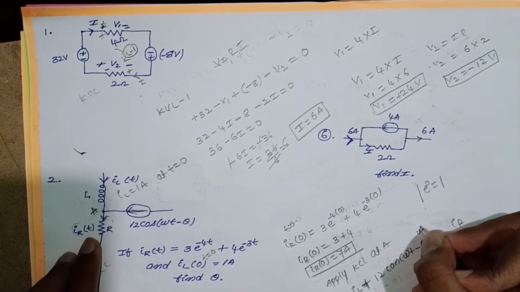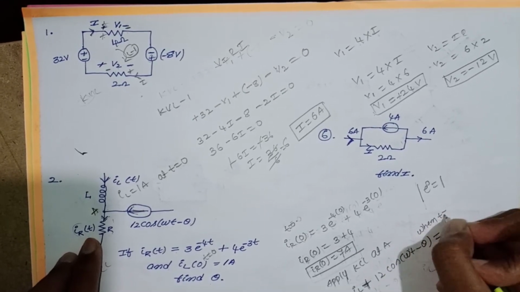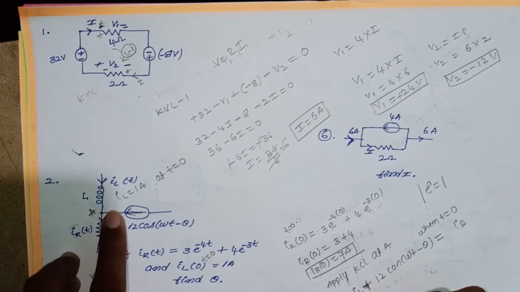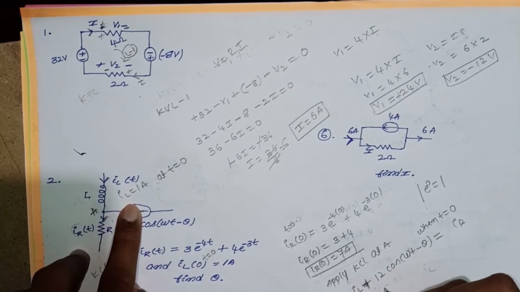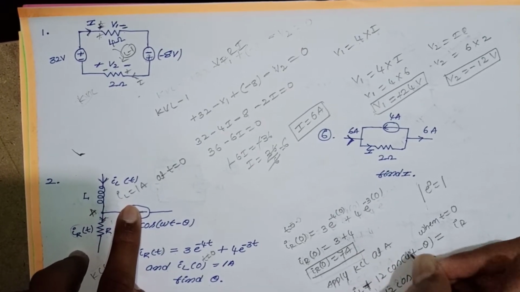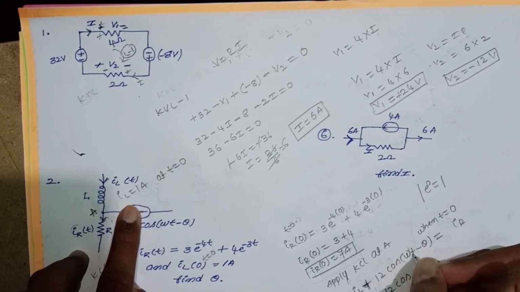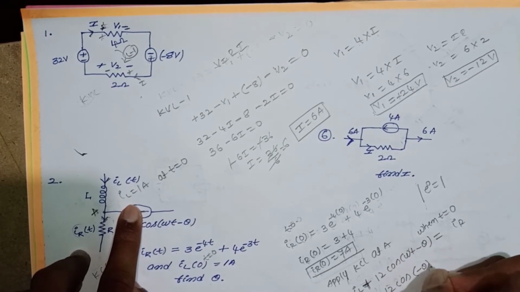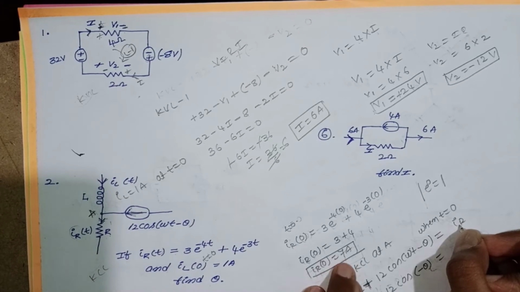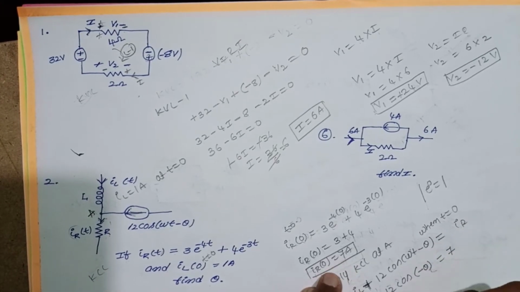When t is equal to 0, IL is equal to 1 ampere plus 12 cos of omega into 0 minus theta is equal to IR. IR we found is 7 ampere.